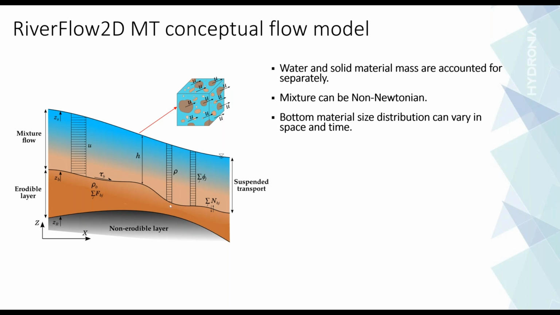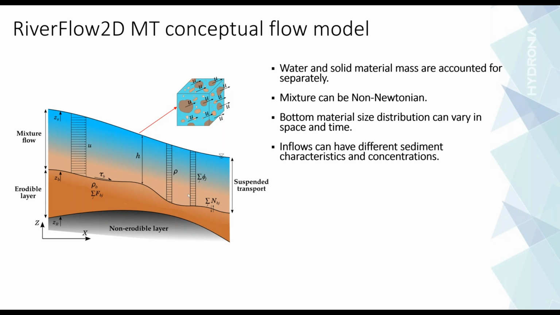The bottom material size can vary in space, and in a new forthcoming version that we are going to release in the coming month, it can also vary in time. So the properties of the active layer will not only change in space, but will also change in time due to the interaction with the flowing material.